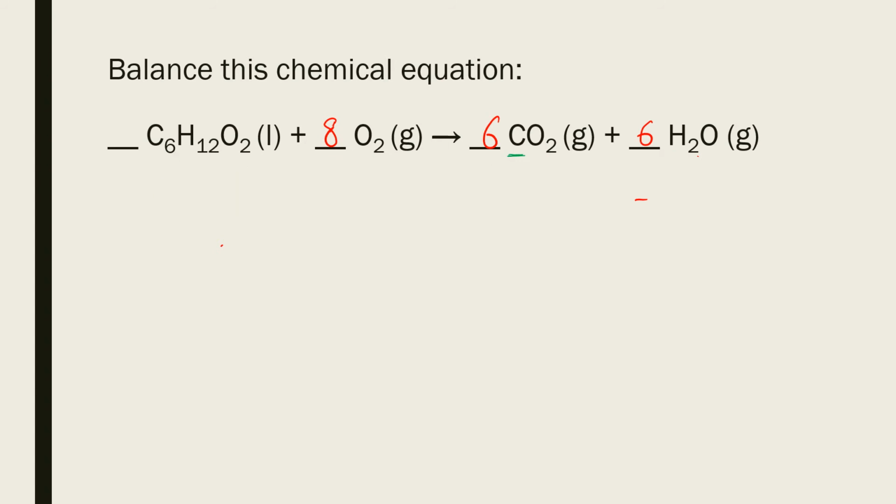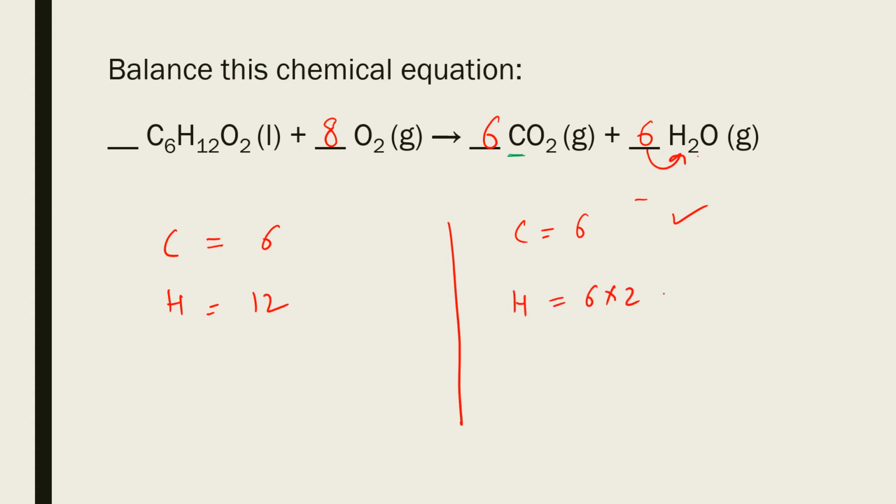Okay, so if we count the carbon atoms in the reactant side, carbon atoms is 6, and in the product side, carbon atoms are 6. That's balanced. In the reactant side, hydrogens are 12. In the product side, hydrogens are 6 times 2. 6 times 2 equals 12.